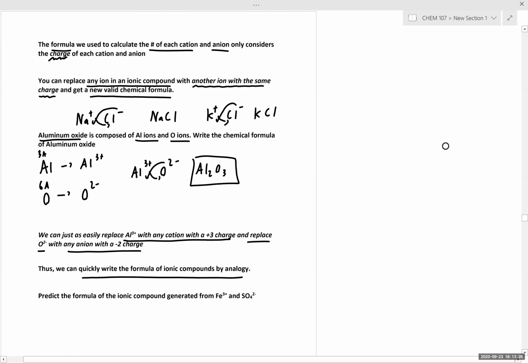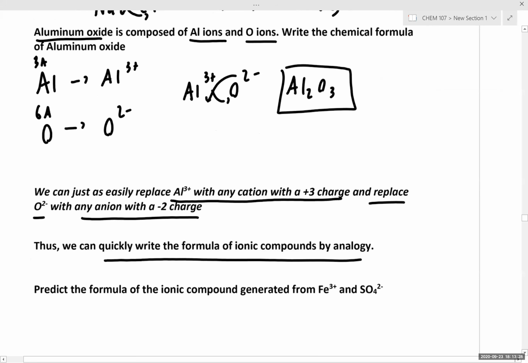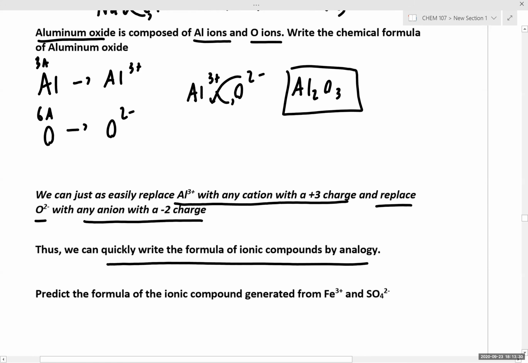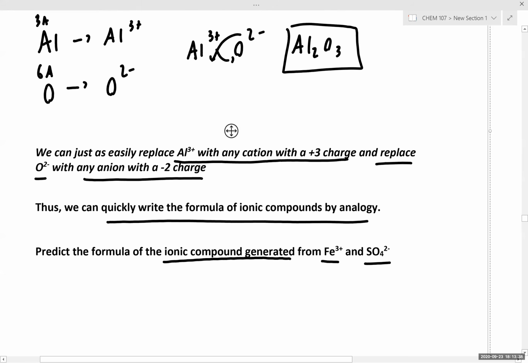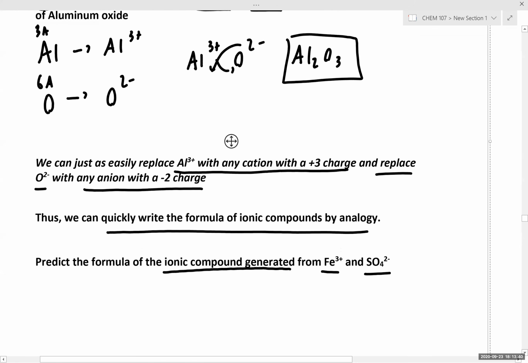So let's showcase an application of this. I'd like you to predict the formula of the ionic compound generated from Fe3+ and SO4 2-. So we have iron 3+ and SO4 2-.